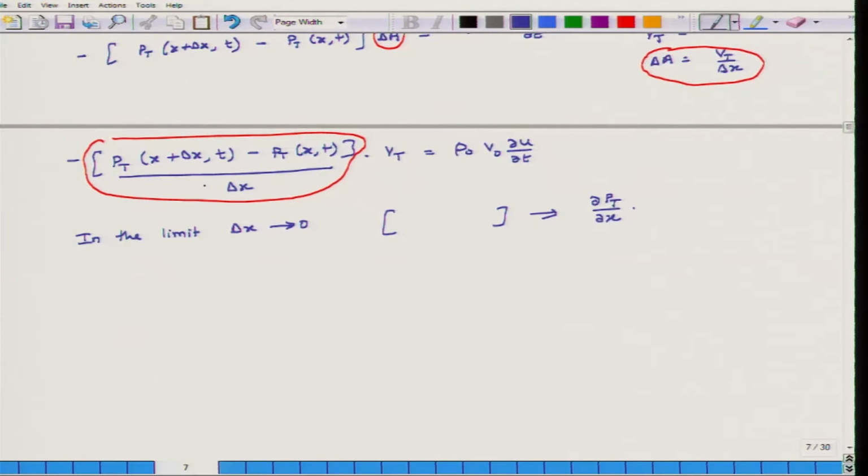Because that is the definition of partial derivatives: if time is held constant, and all other entities are constant, then the difference in pt when I change x by a small amount, divided by delta x, is the partial derivative.